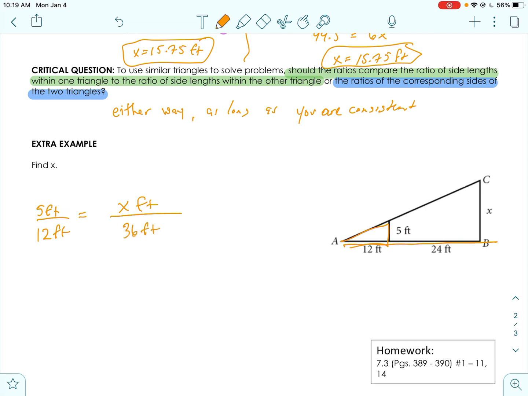So we have a proportion set up. 36 times 5 is going to be 180. And then 12 times x is just 12x. And then if we divide 180 by 12, we get x is equal to 15 feet.